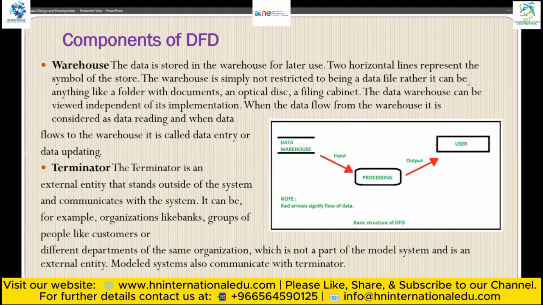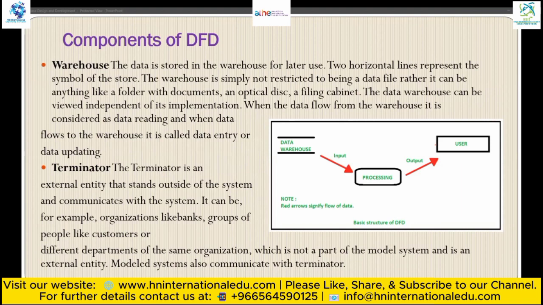Components of DFD. The third one is warehouse. Warehouse, you can say your database, or where your data will get stored in memory. The data is stored in the warehouse for later use. Two horizontal lines represent the symbol of store.